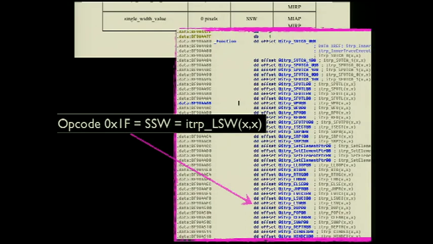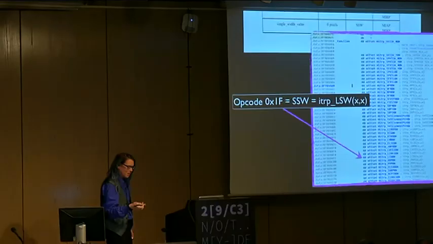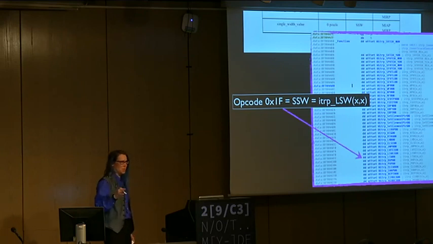The TrueType documentation on MSDN and on Apple's typographer's website lists the name of this opcode as SSW, but actually in win32k.sys it's labeled LSW, and I don't know why, but it's the same opcode.